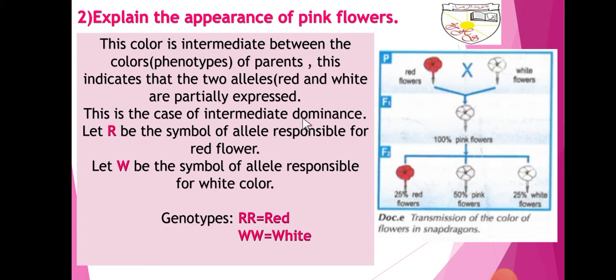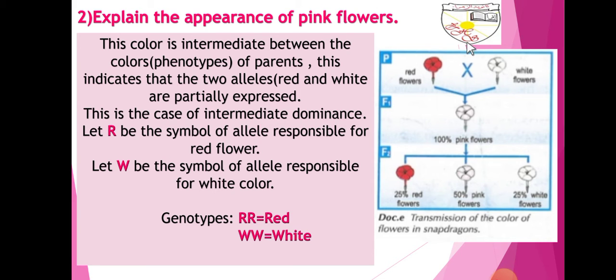So this is the case of intermediate dominance. Intermediate dominance means that when the parents are of different genotype and phenotype and they give uniform offspring, this offspring is unlike the parents. The pink color here doesn't resemble any of the parents. This case is called intermediate dominance.